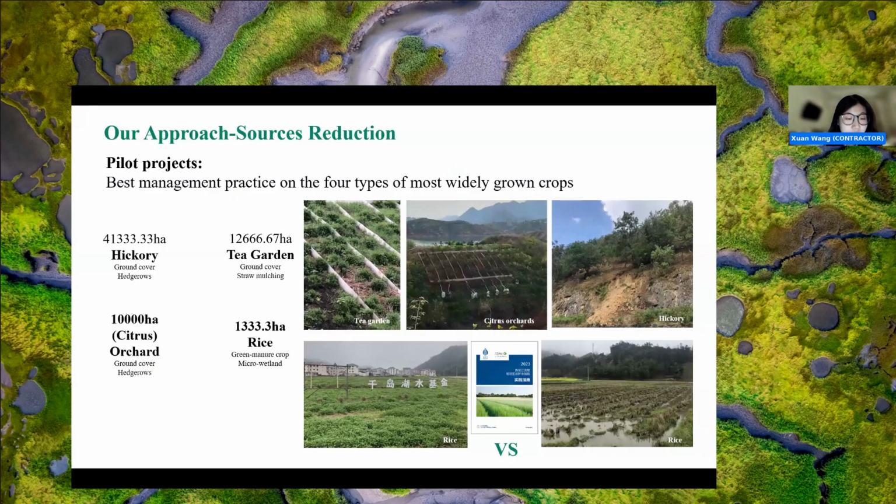For source reduction, we identified 4 types of most widely grown crops: hickory, green tea, citrus, and rice, and conducted different practices for different crops. The middle image in the second row shows the best management practices handbook for rice that we published.